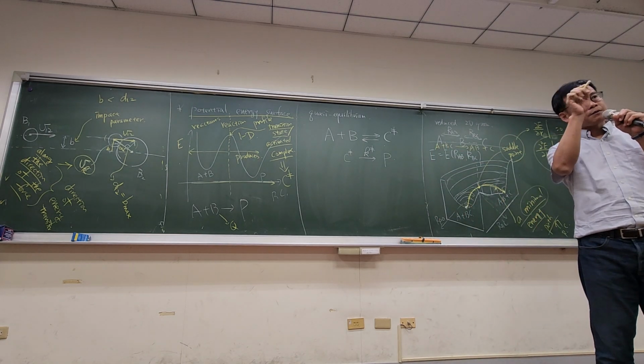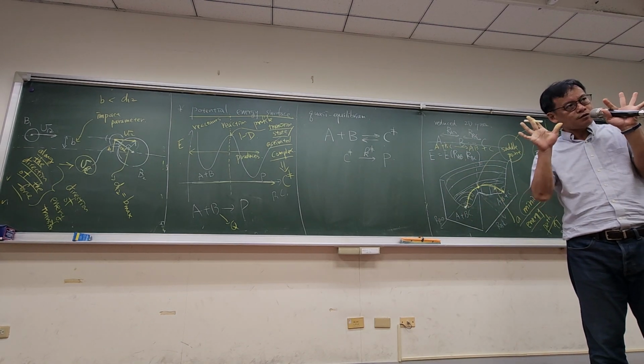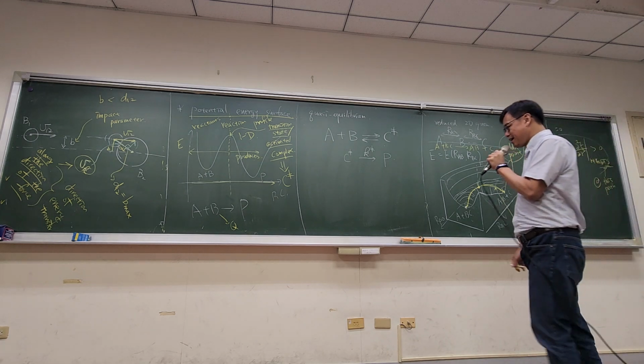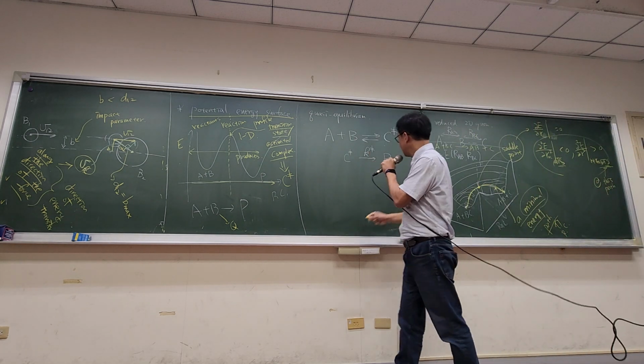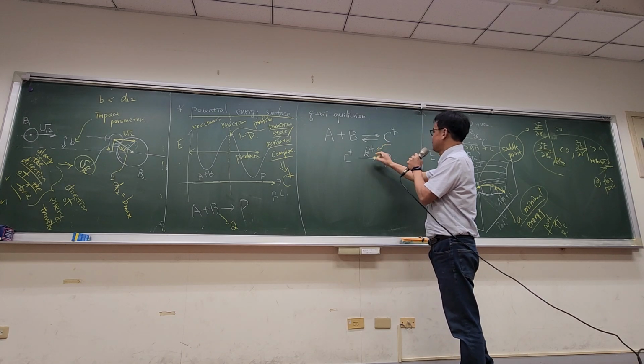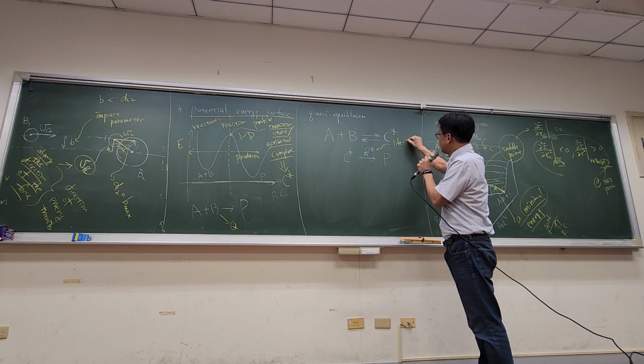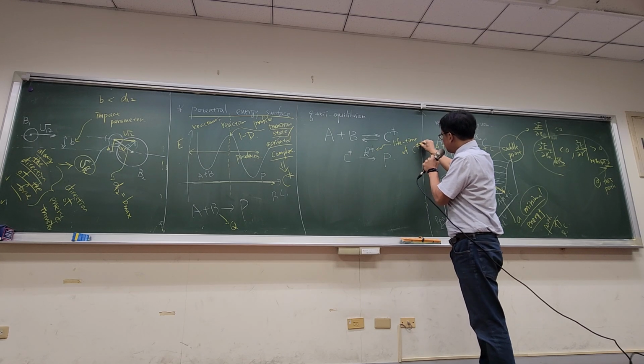We put double dagger on it because it's actually not something real. And you can actually say K double dagger is like the lifetime of changing state.